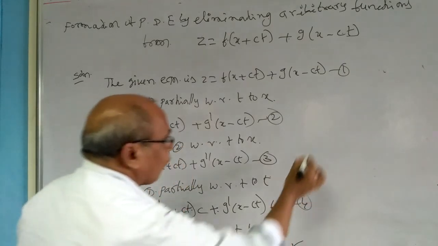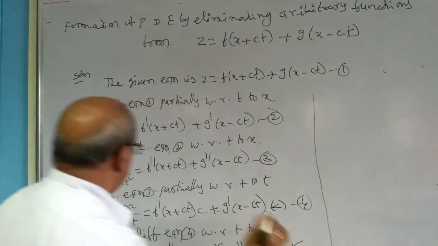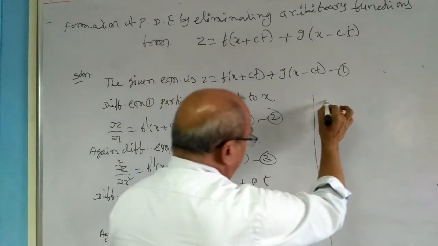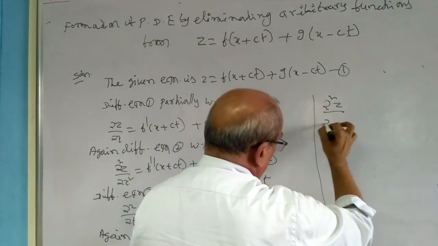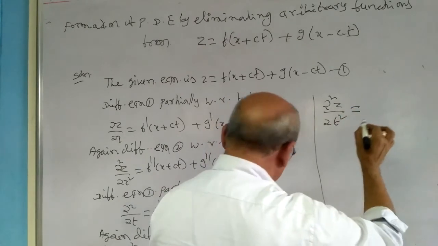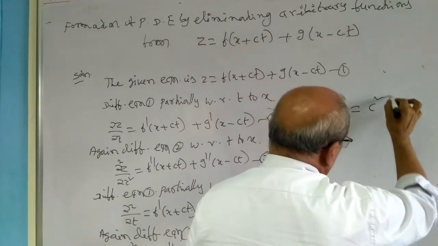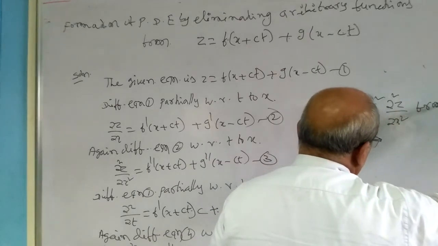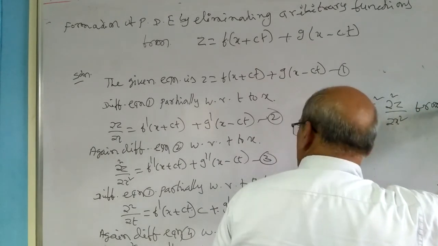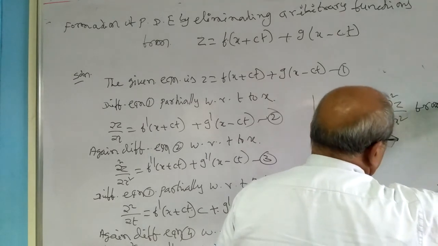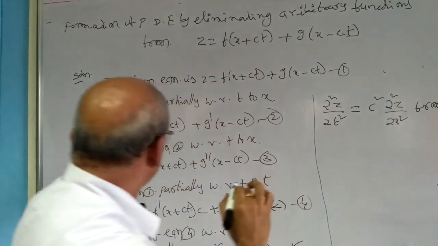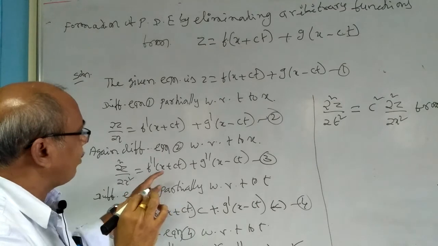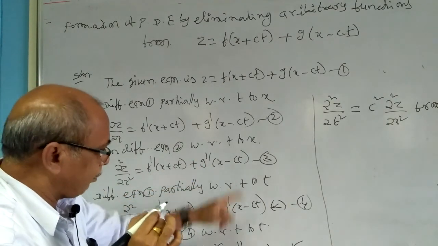So from equation 3, dou square z by dou x square is equal to f double dash x plus ct plus g double dash x minus ct.